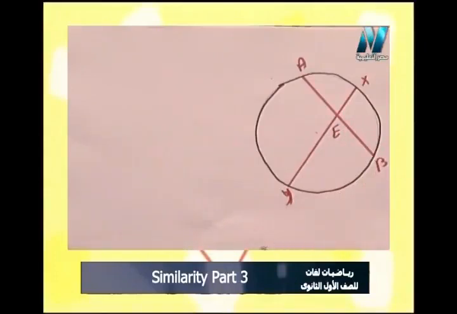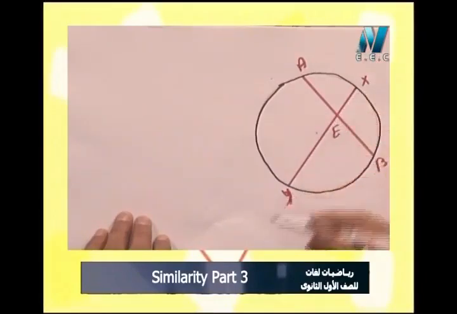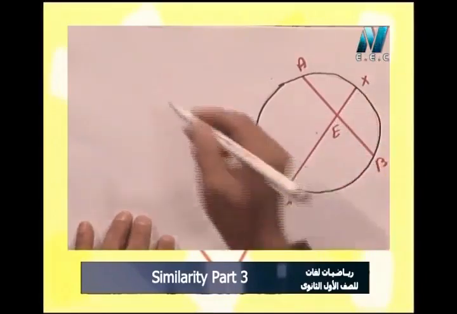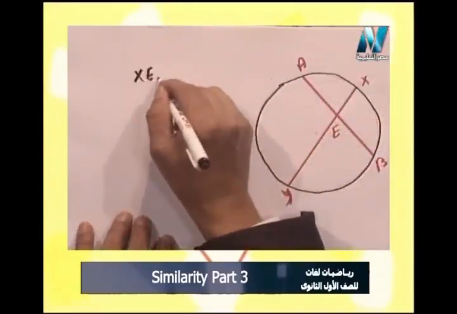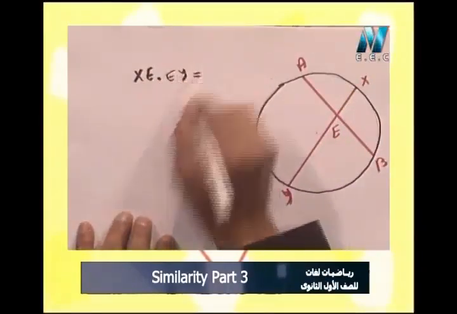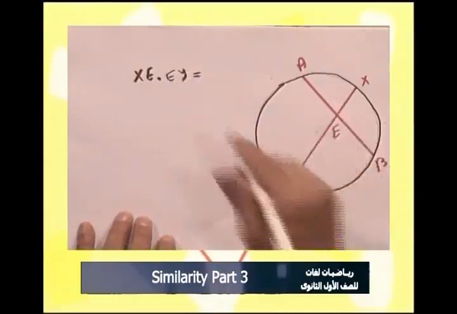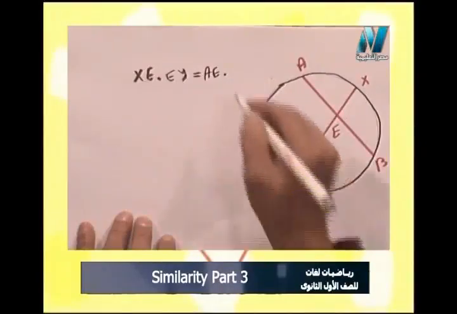We have a very important relation between the parts of these chords. If we have the lengths of AE and EB, and also the lengths of XE and EY, we will find that XE multiplied by EY will be equal to AE multiplied by EB.